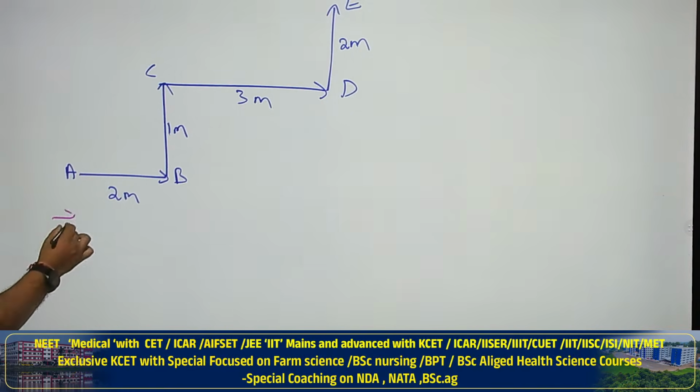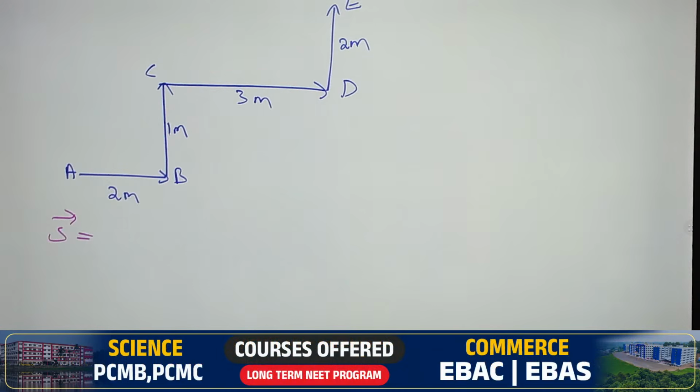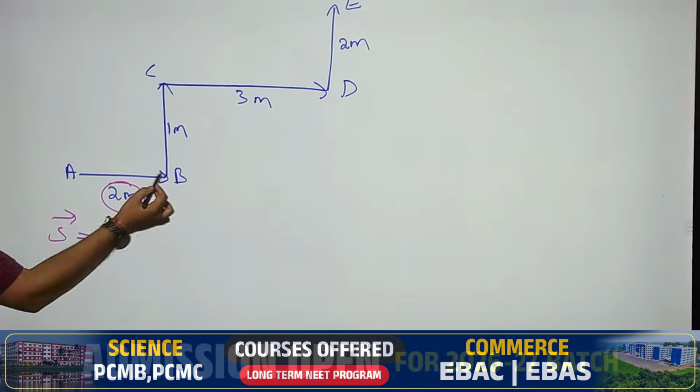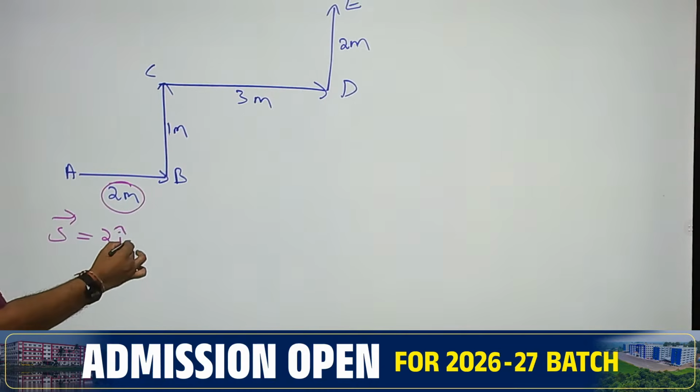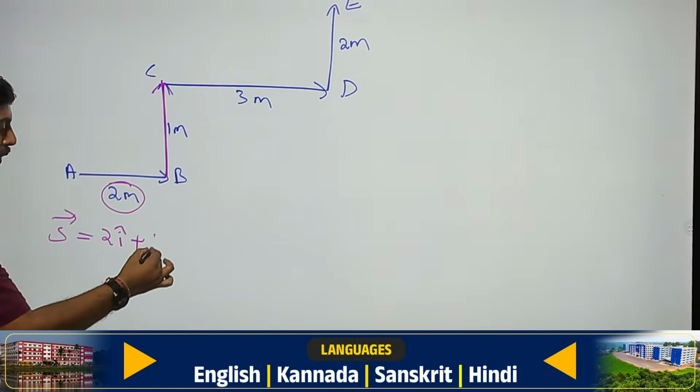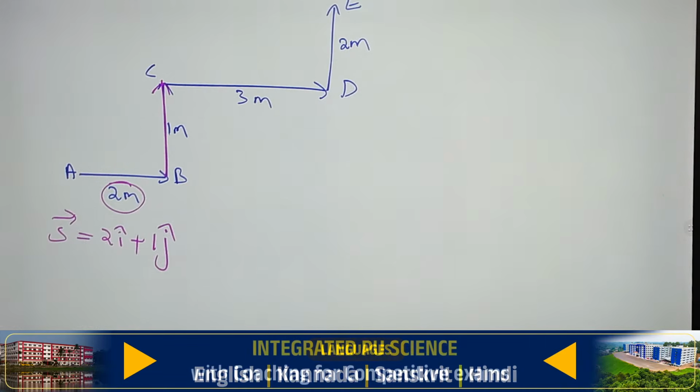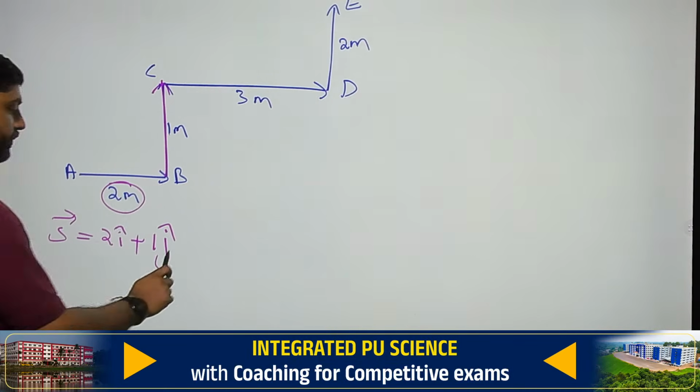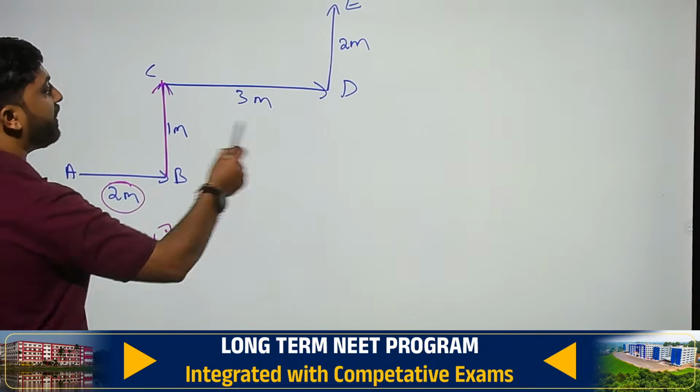The displacement vector is equal to, the first displacement is 2 meter, it is in x direction, so it is 2 i cap, plus the second displacement, it is in y direction, so I have to write 1 j. Next, plus what is the third displacement?